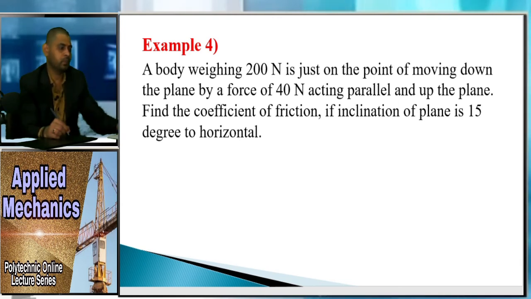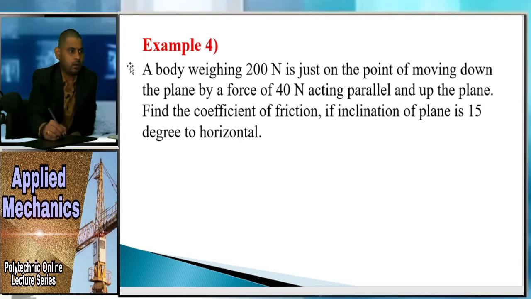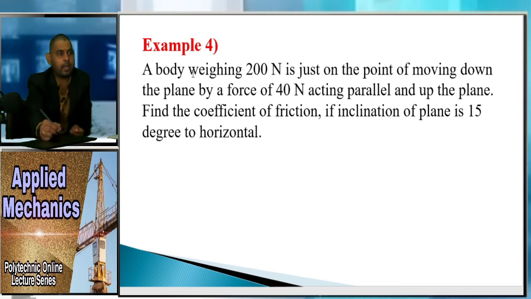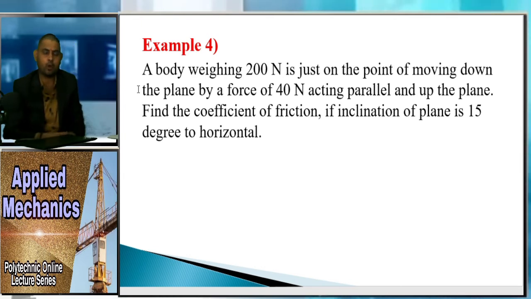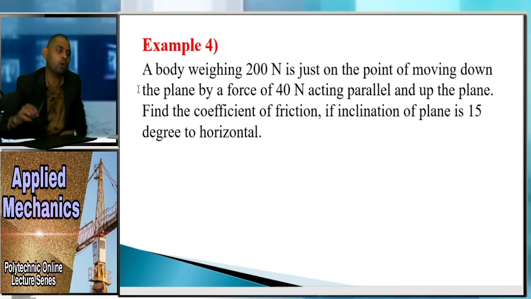So here you can see a body weighing 200 Newton is just on the point of moving down the plane by a force of 40 Newton acting parallel and up the plane. Find the coefficient of friction if the inclination of the plane is 15 degrees to the horizontal.